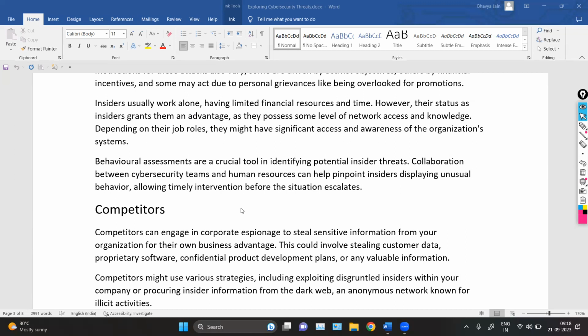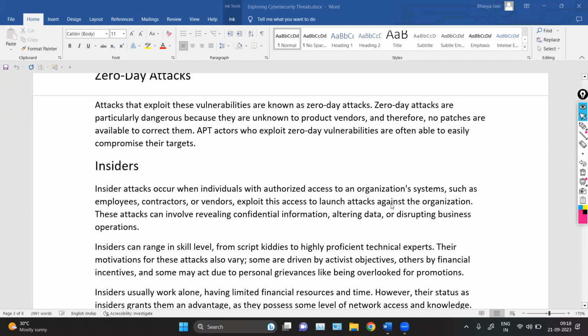You also have to keep checking the systems of the employees who have higher privileges. You can keep checking the logs and monitoring their systems, to see what kind of activities they are performing. In this way we can protect the company from insiders.